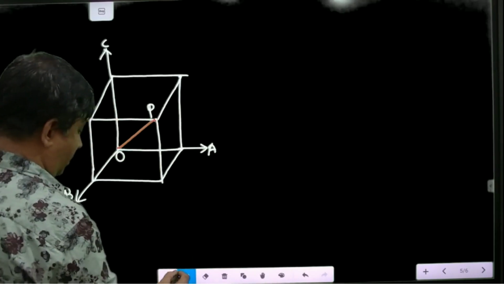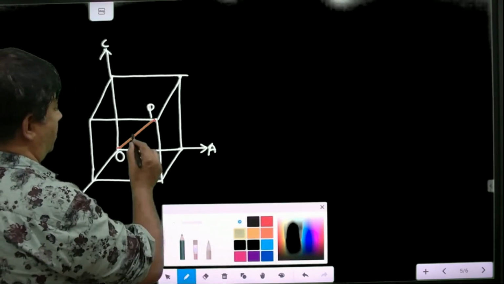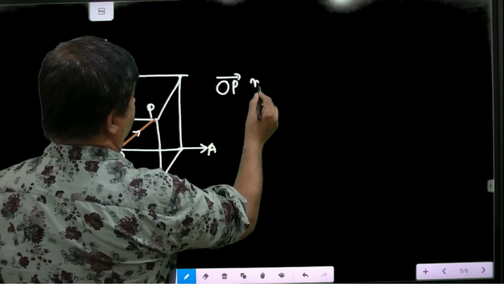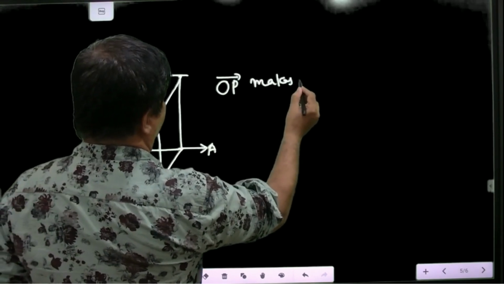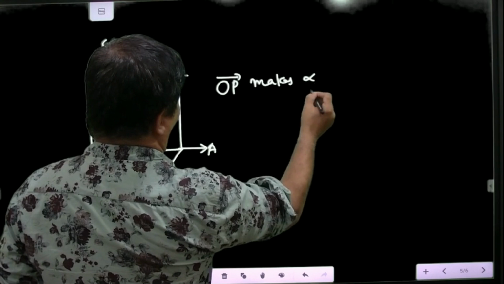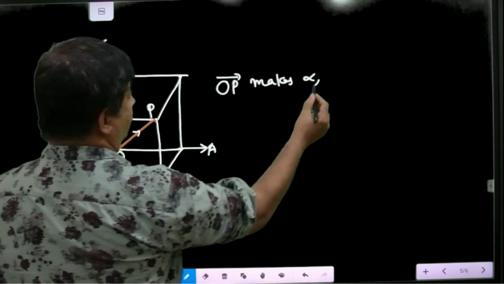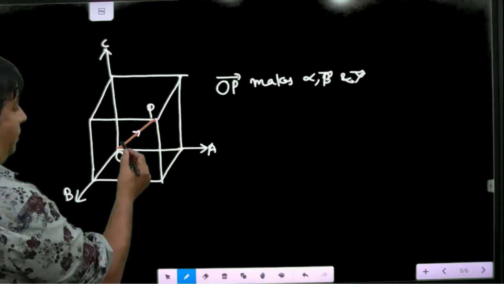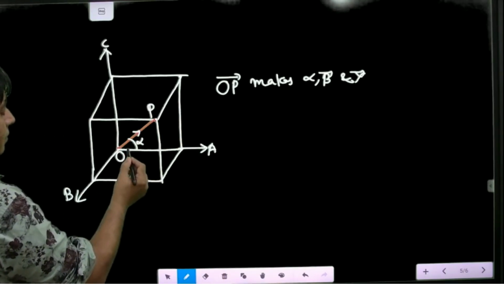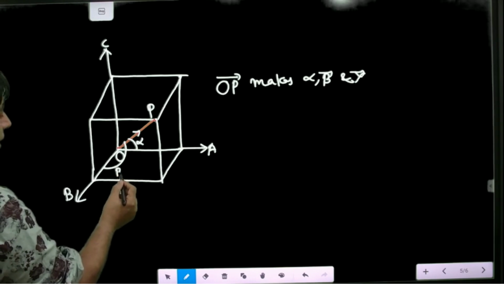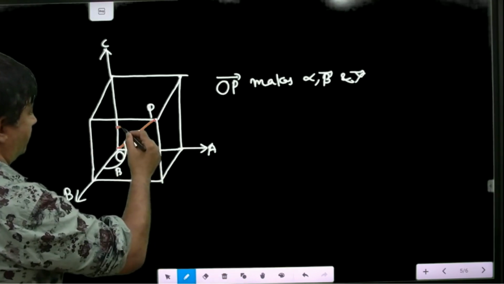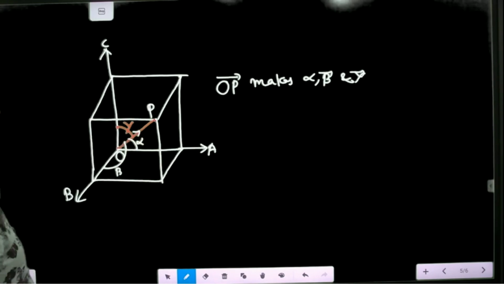Now, OP vector makes angles alpha, beta and gamma. Means this angle is alpha, this angle is beta and that angle is gamma with the x, y and z axis.